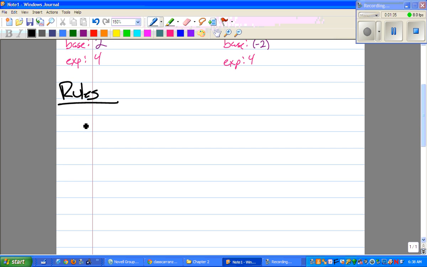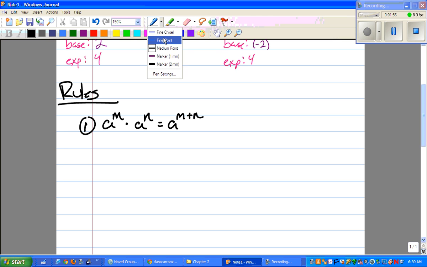So let's talk about rules of exponents. When you are multiplying two exponents, what you need to do is add them. You add whatever exponents you've got. And let's look at an example.